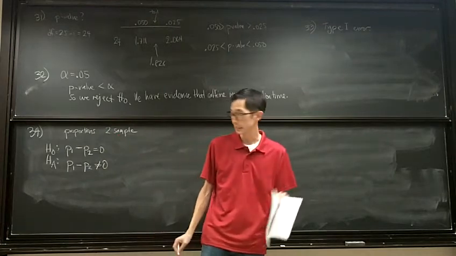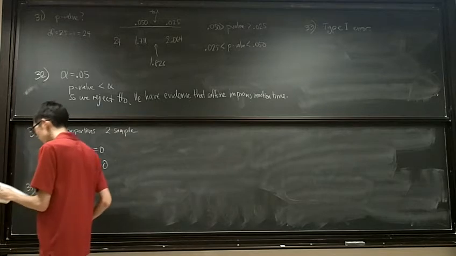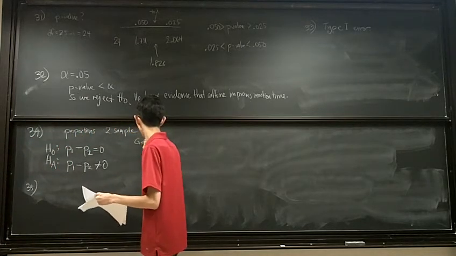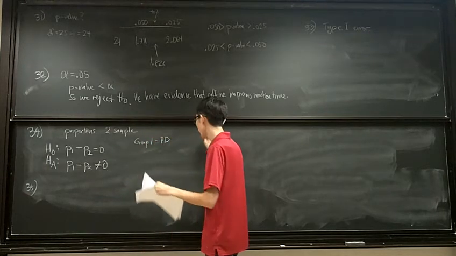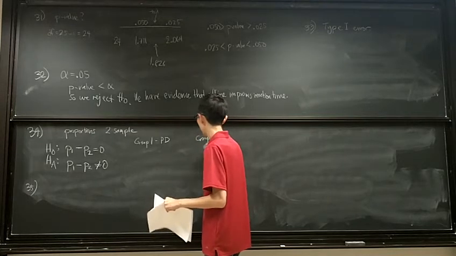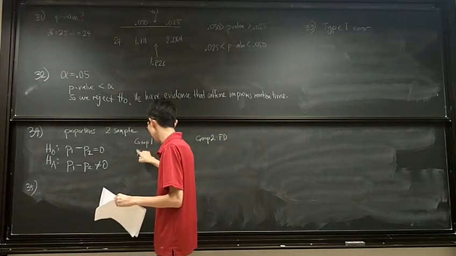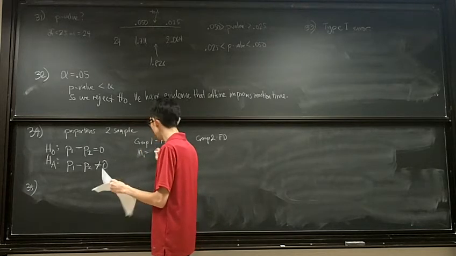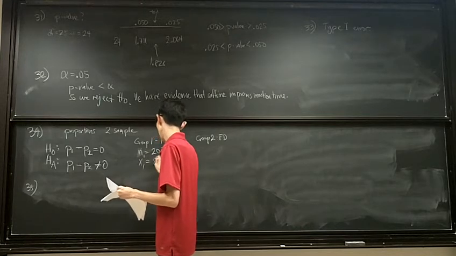What is our P hat? Well, let's list off our data. Group 1 is the police department, and group 2 is the fire department. In group 1, the number in our sample, N1, is 200, and the number of minorities is 80.